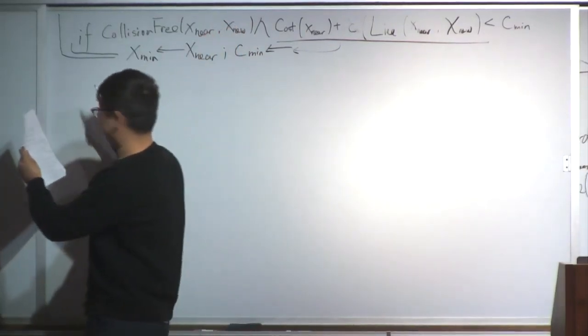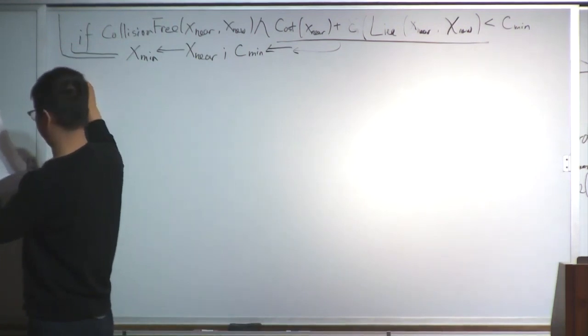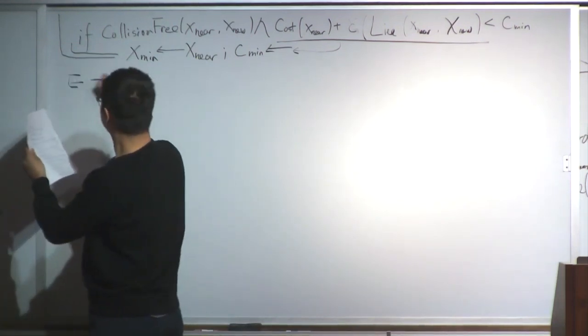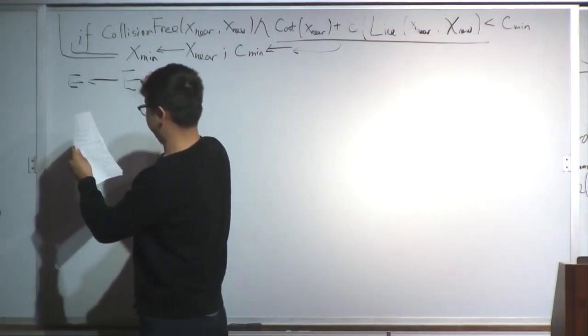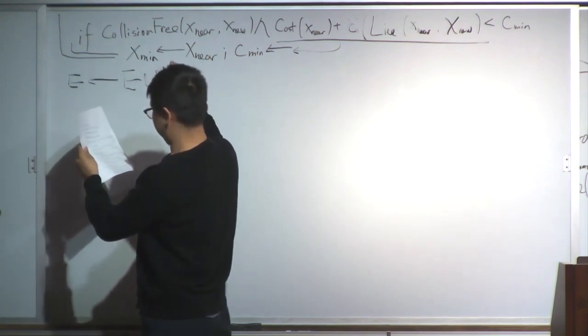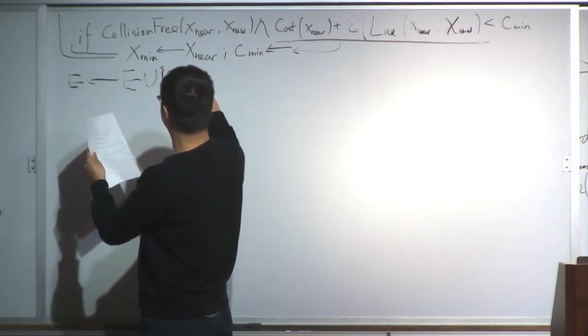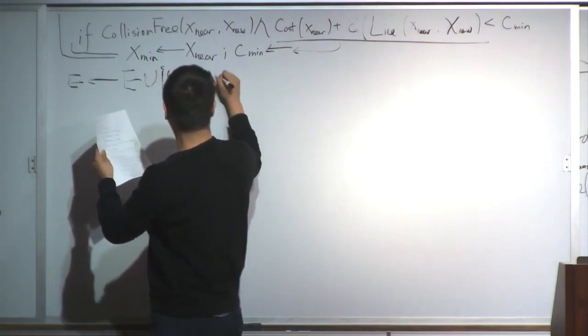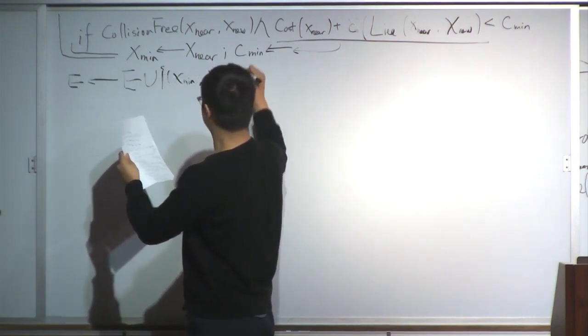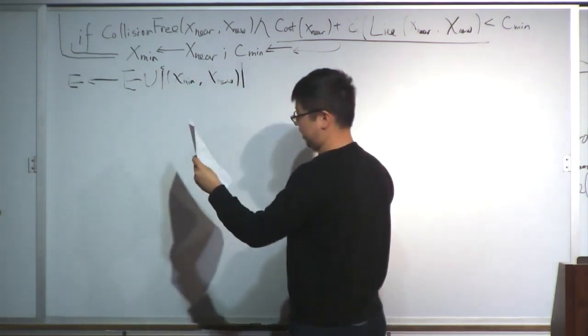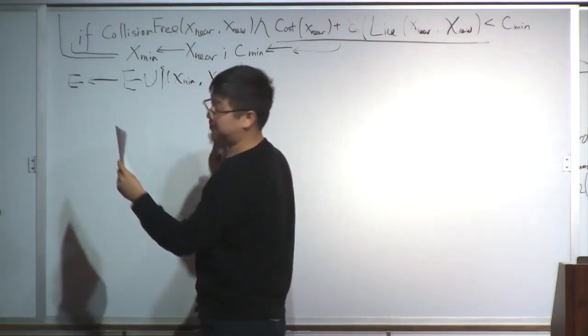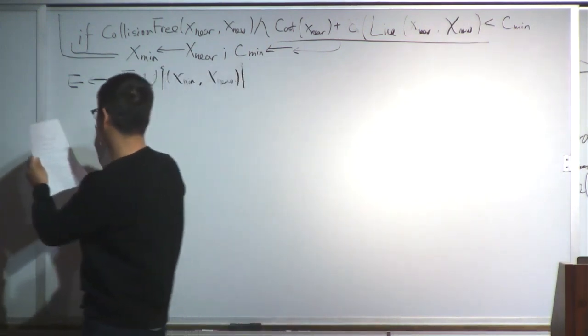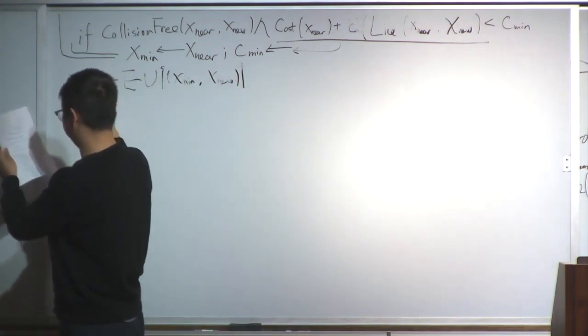And out of this for loop, we have E is updated with the new thing we have, that is x min, x new. Yeah, and so we want to do the rewire. Next, we want to do the rewiring of trees.